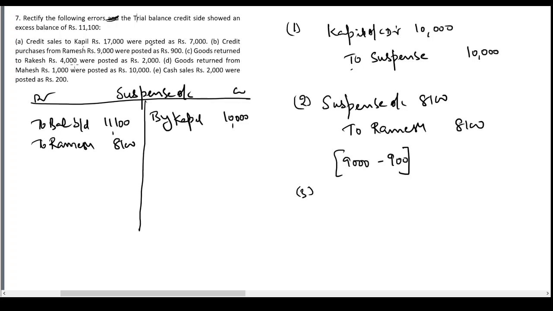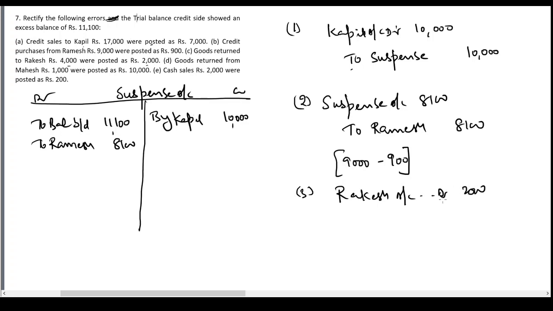Goods returned to Rakesh rupees 4,000 were posted as rupees 2,000. Goods returned to Rakesh means we are returning goods to Rakesh. That means we have purchased goods from him and now we are giving the goods back. So it is purchase return. So when you give the goods back, you have to pass the entry Rakesh account debit to purchase returns. But to Rakesh account we have debited only 2,000 instead of rupees 4,000. So we have debited him short. So I'll debit the balance amount now. Rakesh account debit 2,000.